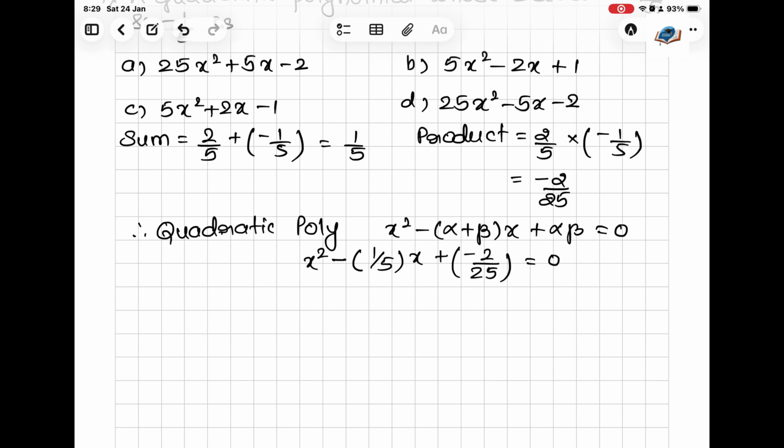So now I can't keep the denominator. If I multiply everything with 25, the numerator will give 25x square minus 5x minus 2 equal to 0, which is the required equation.